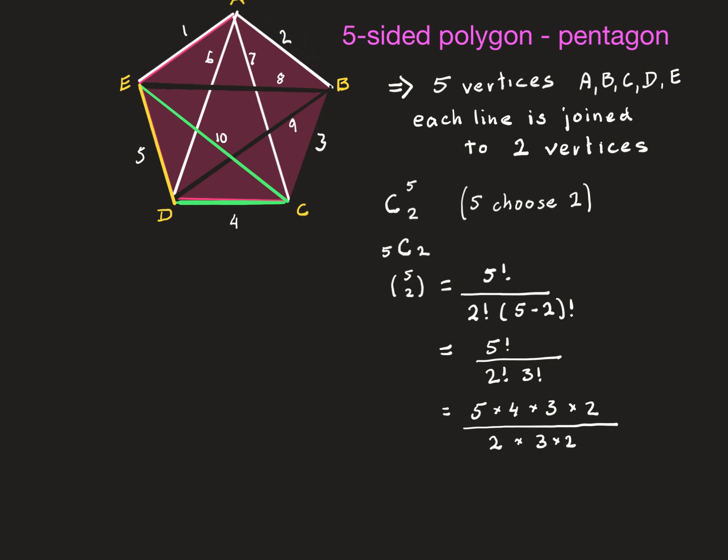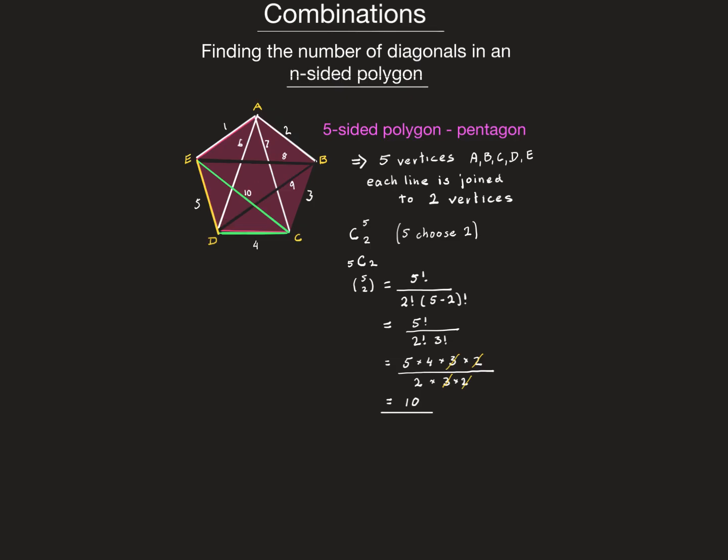Now the 2 and the 3 can be cancelled, and we are left with 5 times 4 divided by 2, which is 10, which is precisely what we counted.